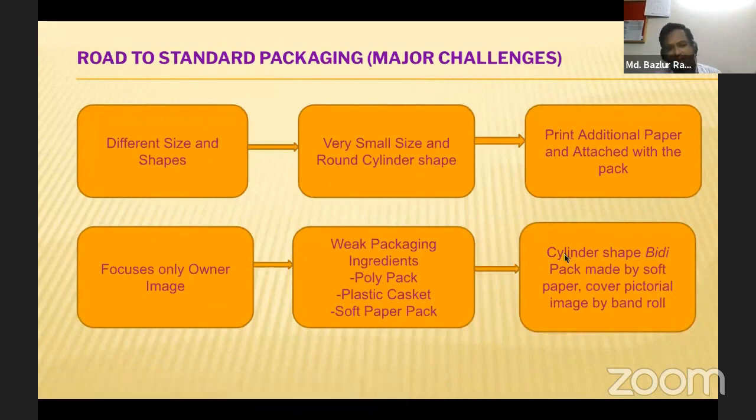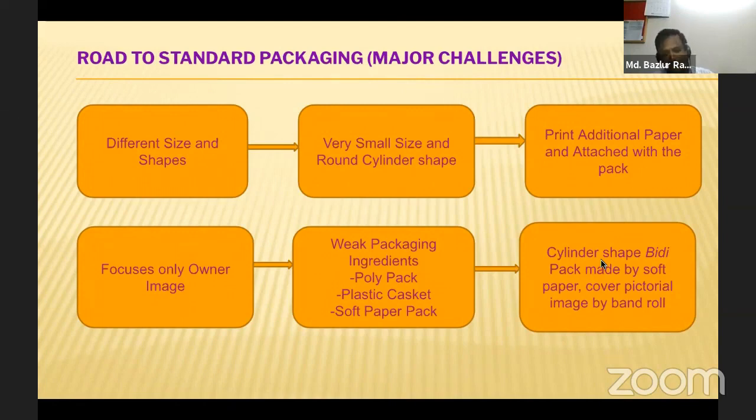So the major challenges are shown here. In the smokeless tobacco section, the entire section is unregulated and unregistered, even the bidi. For graphic warnings, we identified challenges such as different sizes and shapes, as I have already shown you in an earlier slide. These are very small sizes and round cylinder shapes. They print an additional paper and attach it to the pack, and when they open the pack, they throw out the additional paper.